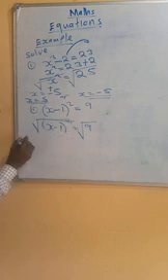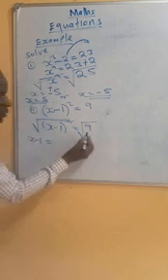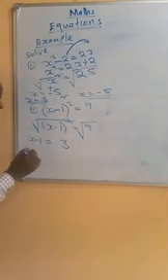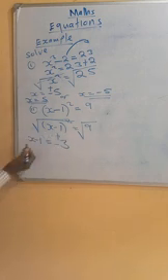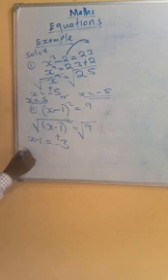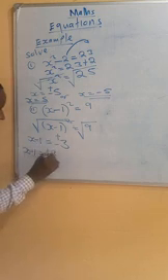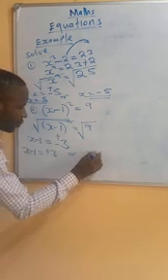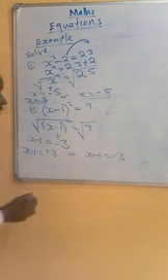We remain with x minus 1 is equal to square root of 9. The answer is 3. Now the square root of a number is either positive or negative. So we now say therefore x minus 1 will get positive 3, or x minus 1 is equal to negative 3. So you separate the two.